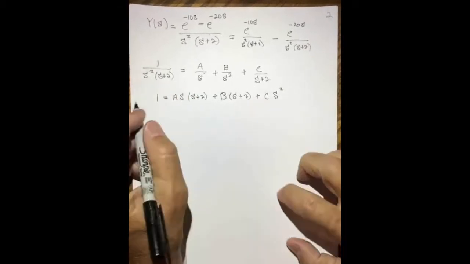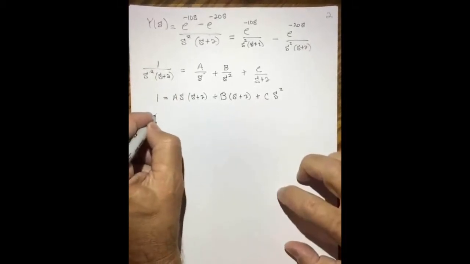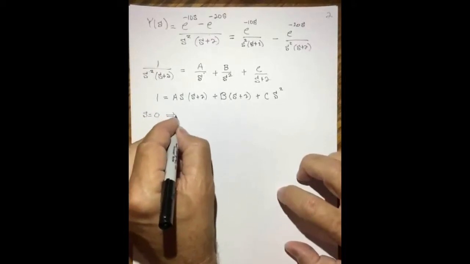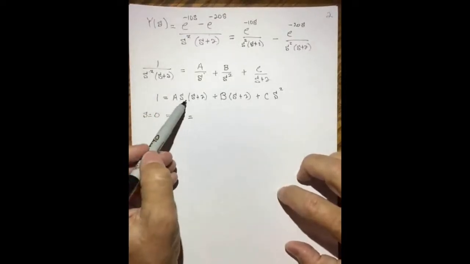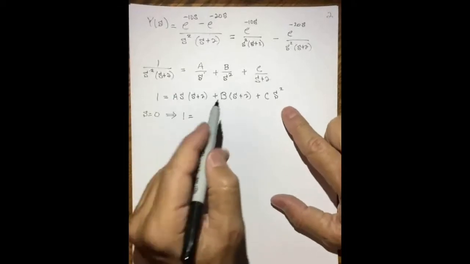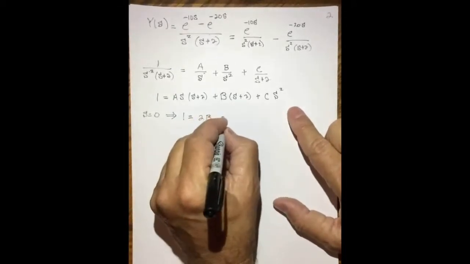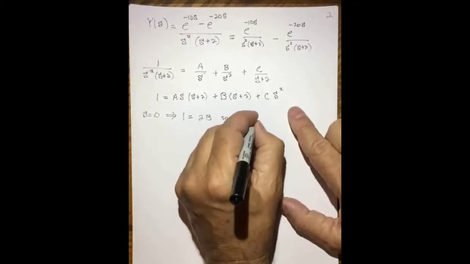We've got 3 unknowns. So let's simply let s equal, how about 0? If I let s equal 0, I have 1 equals. Well, that term's going to be 0. That term's going to be 0. If we let s equal 0, we just simply get 2B. So B, of course, is going to be 1/2.